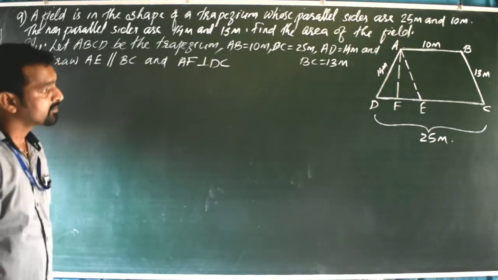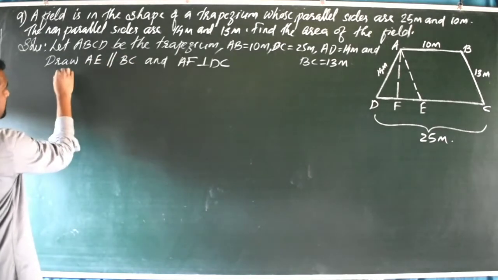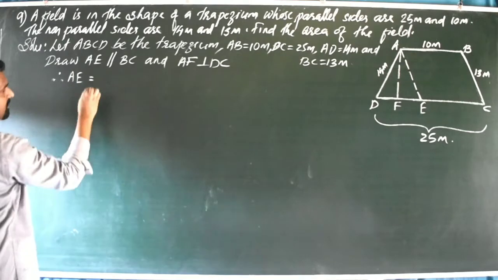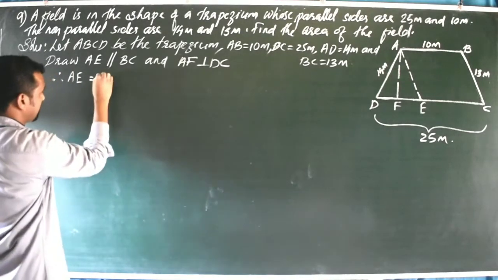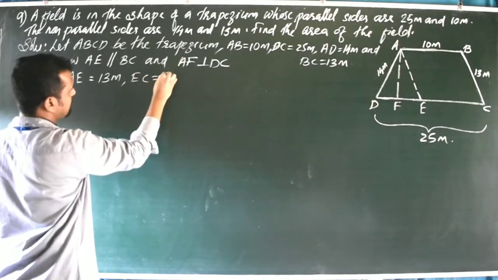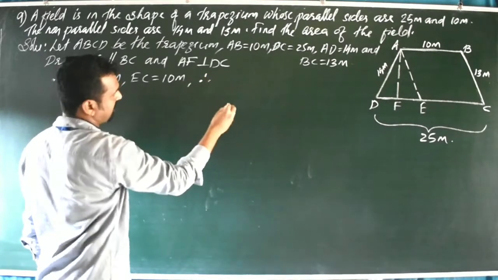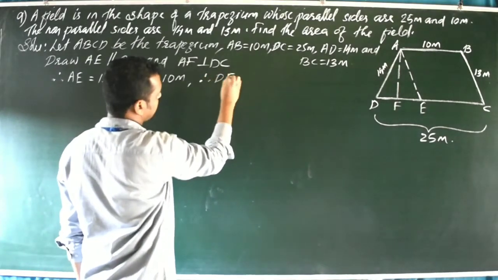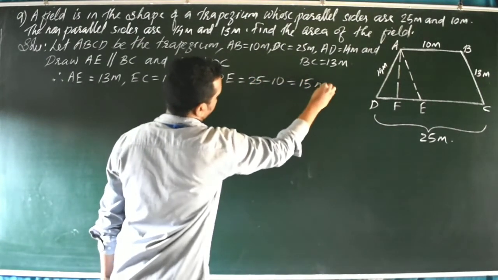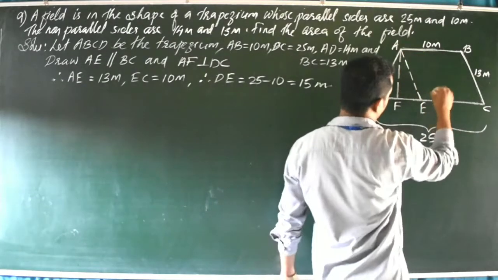Therefore AE parallel to BC, therefore AE is equal to 13 meter, EC is equal to 10 meter, therefore DE is equal to 25 minus 10, that is equal to 15 meter.